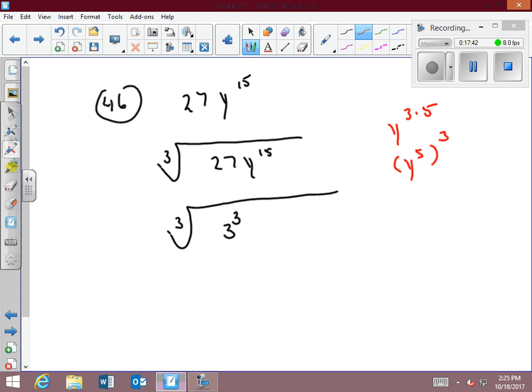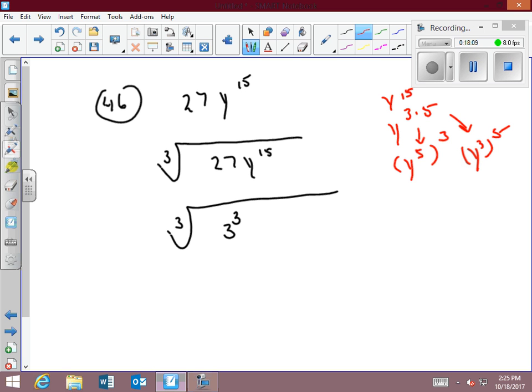You know, if you look at the bottom of that algorithm sheet, that little square thing says that you can write 15 as 3 times 5, and you can write this 3 times 5 either this way, or you can write it this way, y to the 3rd to the 5th power. So y to the 15th is either the 5th power of y to the 3rd, or the 3rd power of y to the 5th.